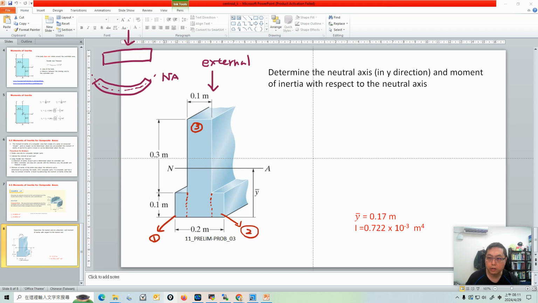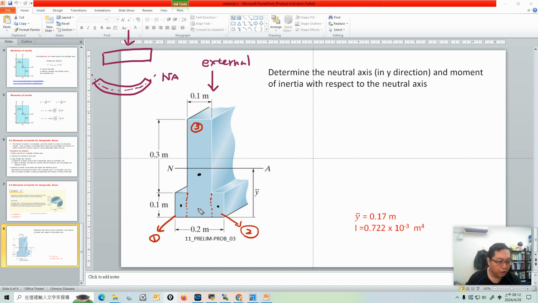Looking at these three shapes, they are all rectangular, so it's very easy to determine the centroid. The centroid must be here, maybe it's here.